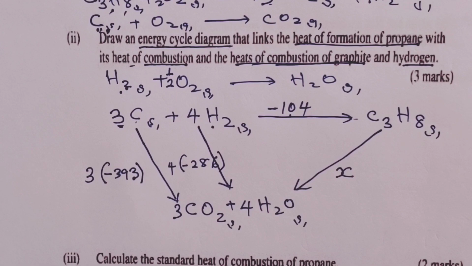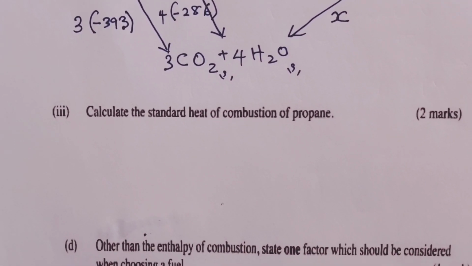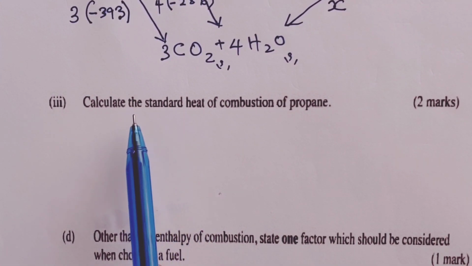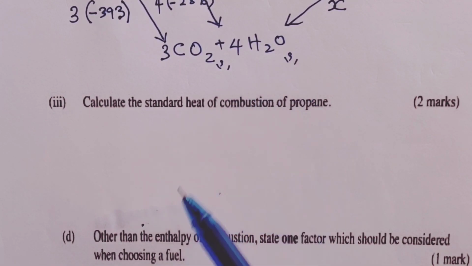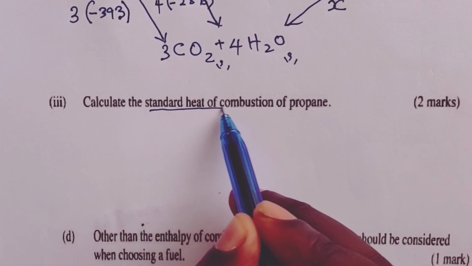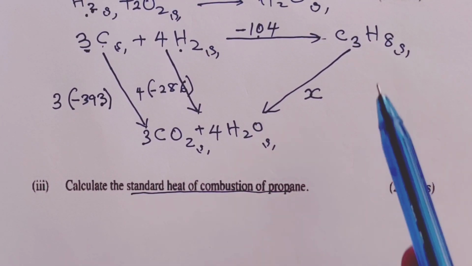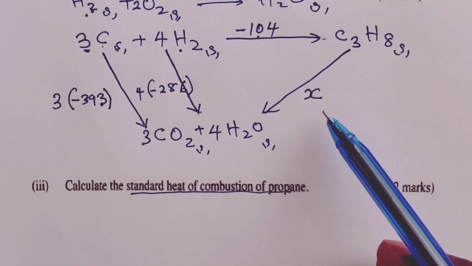We proceed now to part 3, or Roman 3 of part C, where we are now asked to use our energy cycle diagram to calculate the heat of combustion of propane. That has been represented by X in our energy cycle diagram.